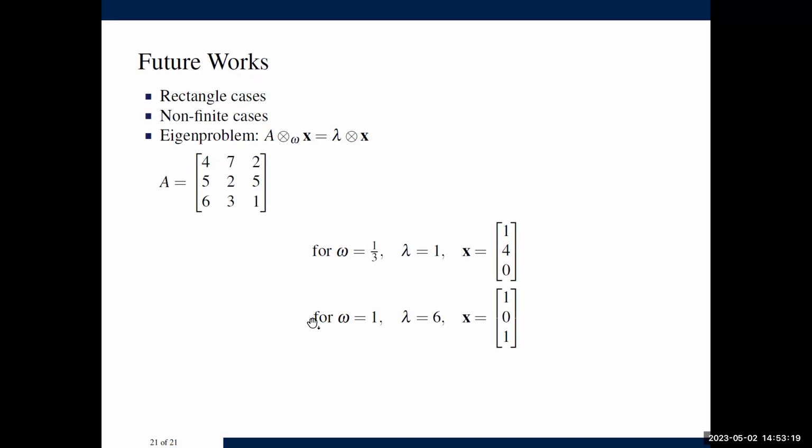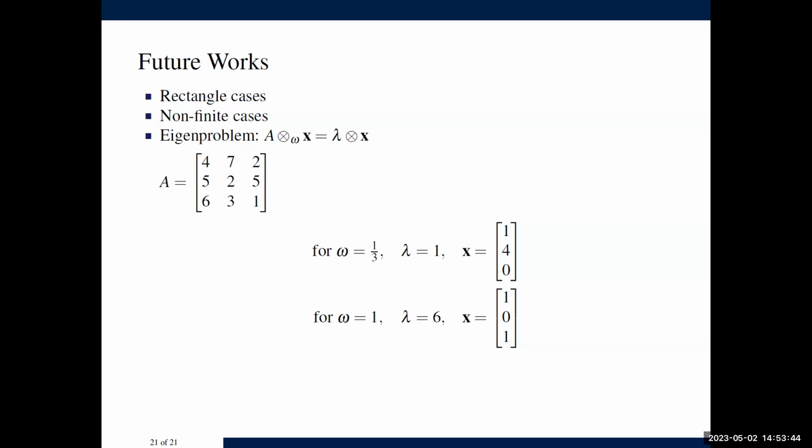Now for omega equal to 1, which is the max plus case, the eigenvalue is 6, which is the average weight of the critical circuit in max plus, which is this one: 7 plus 5 plus 6, the total is 18, and the average is 18 by 3, which is 6.